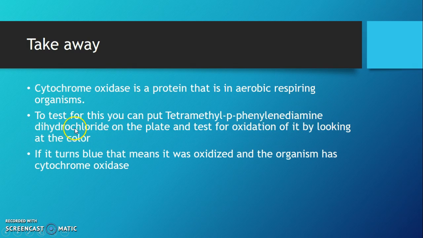If it turns blue, then it's positive. If it doesn't change color, it's negative. And if it's positive, it has that cytochrome oxidase. So relatively straightforward experiment. The tricky one here is remembering this name, so you'll have to do that. But if you can think of the structure, then the name comes relatively easily.